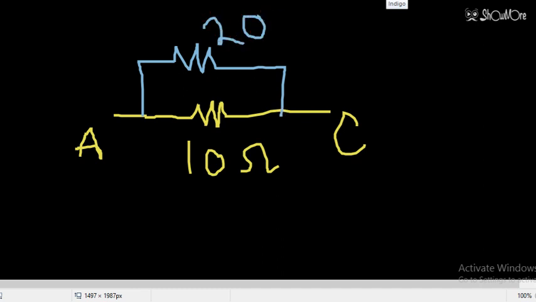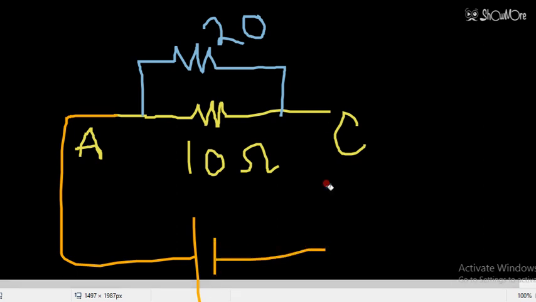In the same way, you can connect the battery here for better understanding. You can easily understand that current will be divided. Some current will flow in the 20 ohm branch, some current will flow in the 10 ohm branch.